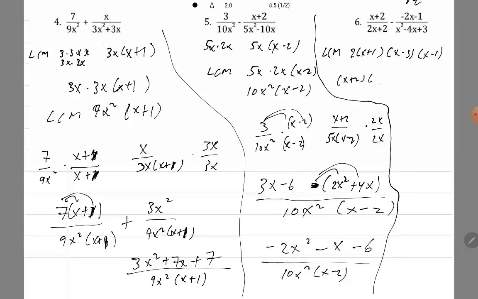So we have x plus 2, x minus 3, x minus 1, minus negative 2x minus 1, and that's missing the left, which is 2x plus 1. And this one we have to multiply all out.